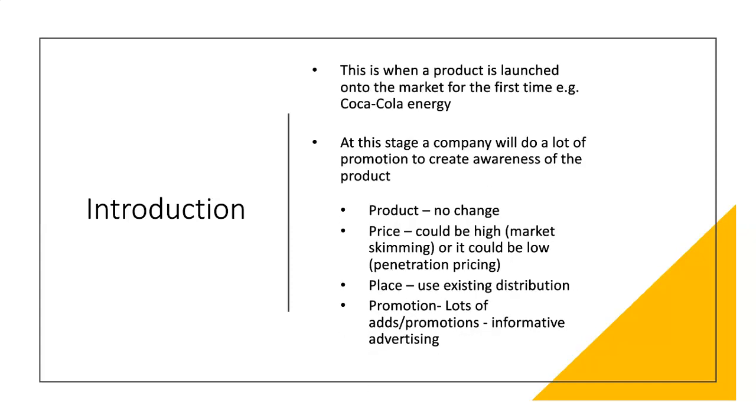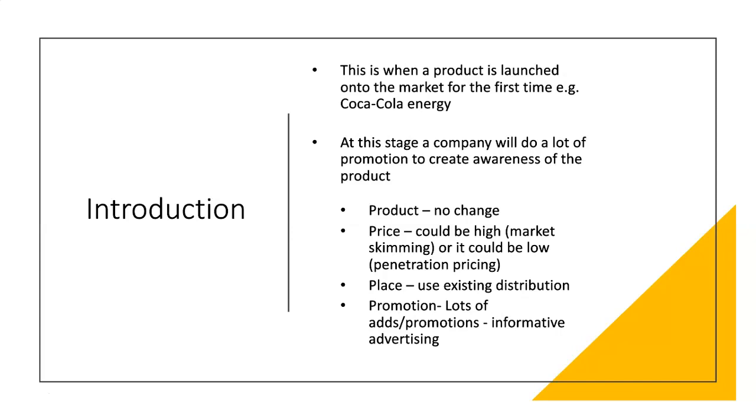So here comes the first stage of the product life cycle. It is the introduction. This is when a product is launched onto the market for the first time, for example, Coca-Cola Energy. At this stage, a company would do a lot of promotion to create awareness of the product.